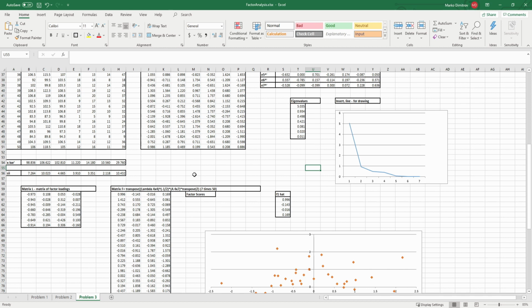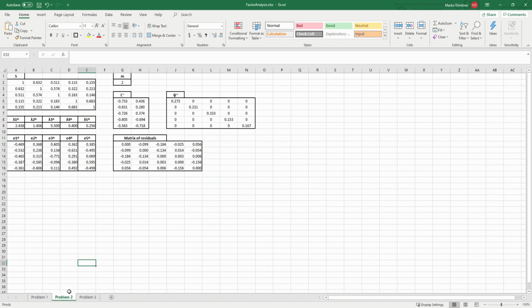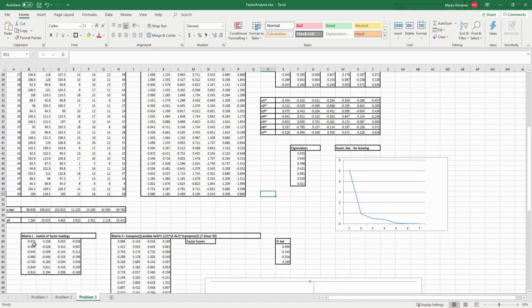Then what we need is our matrix of loadings. Here we had only two, and we knew the number a priori, so researchers knew how many factors are underlying. Here we chose 4, so there are 4 factors, and our matrix of factor loadings is going to be this matrix, 7 times 4.